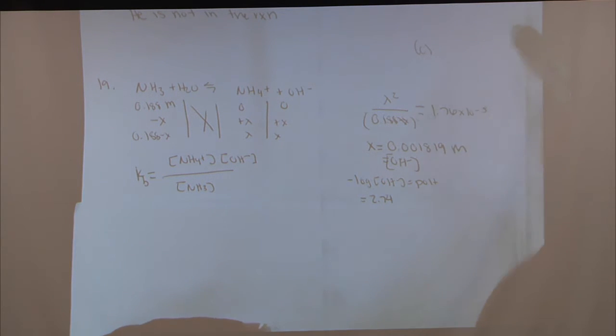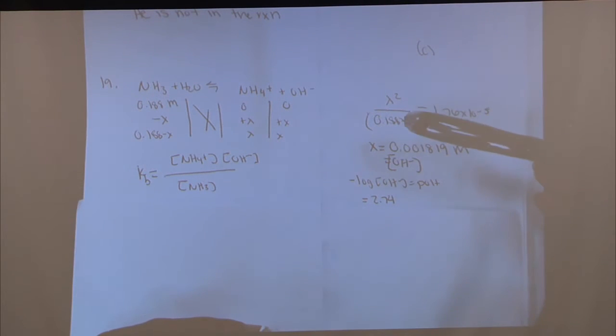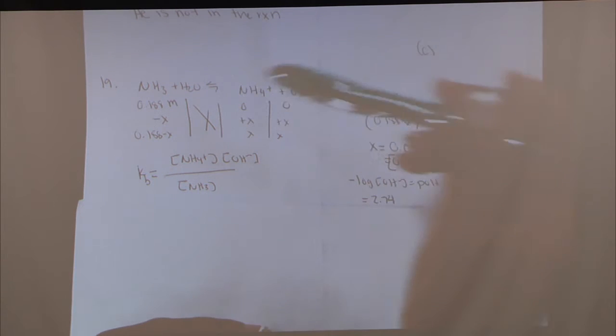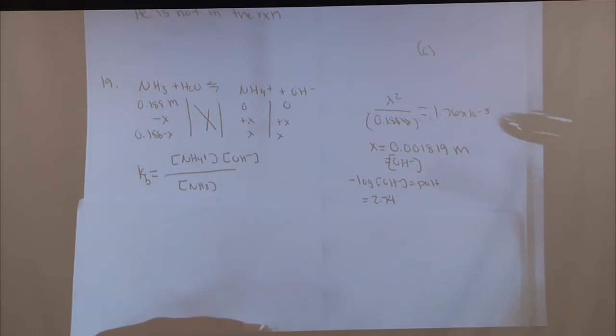And so we know the Kb that was given in the problem was 1.76 times 10 to the negative 5. So we're going to set that equal to what we have from our ICE table. So we're going to have x squared on top and then 0.188 minus x. Since this is raised to negative 5 and that's greater than negative 3, because negative 3 is my spot where I would stop.